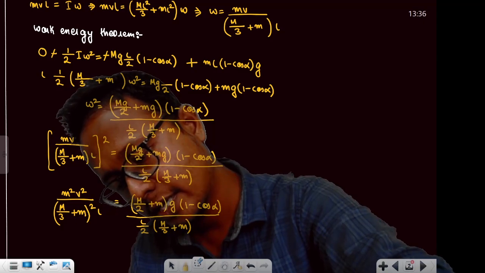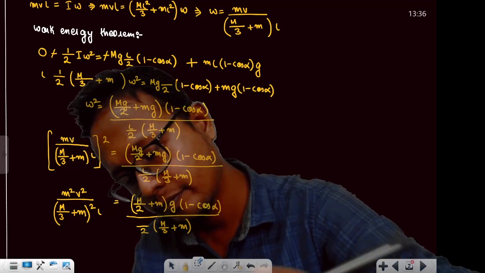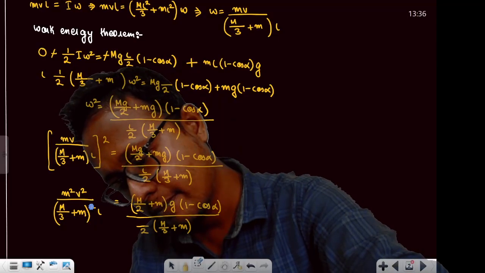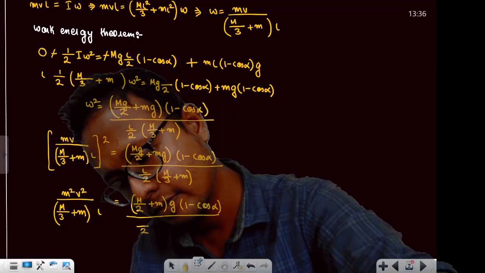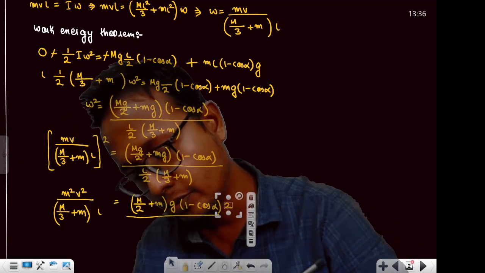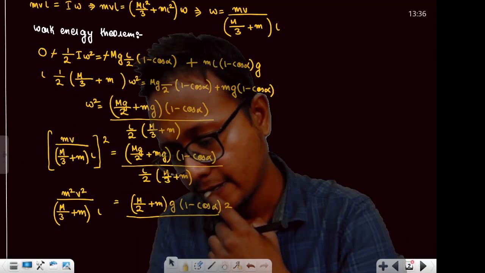Here L square and L would get cancelled, and this m by 3 plus m would get cancelled. This 1 by 2 remaining, I'll take to the top, into 2.